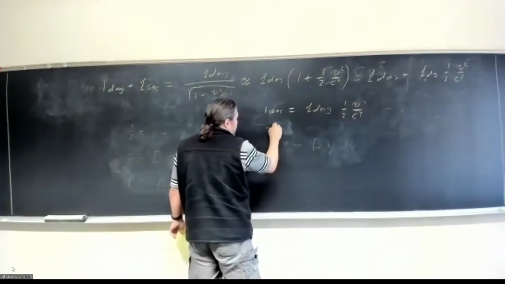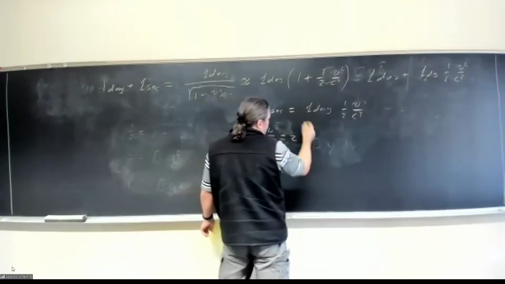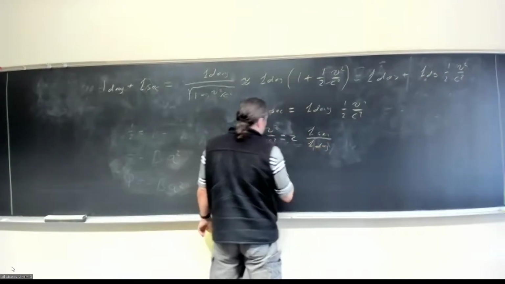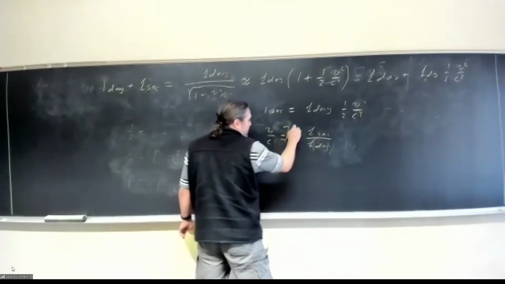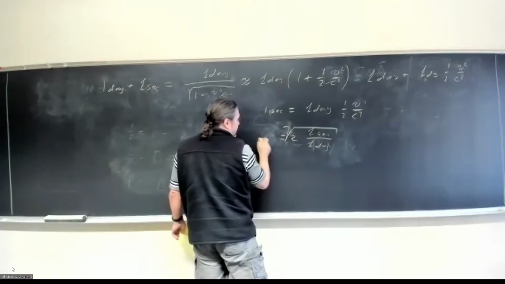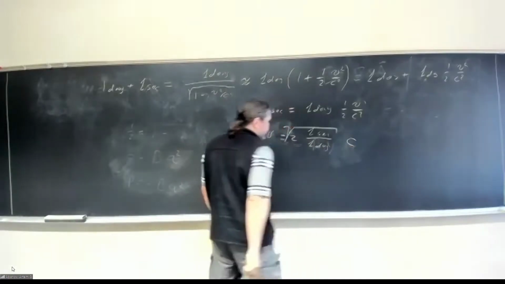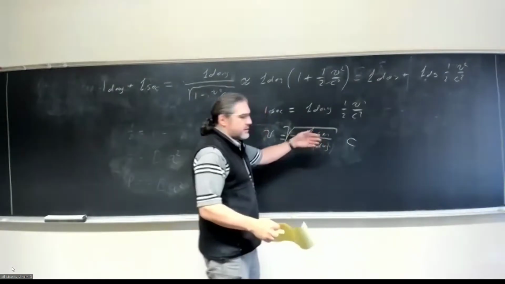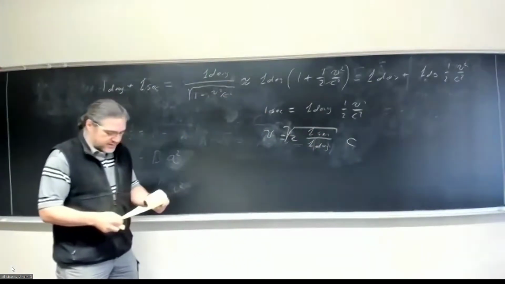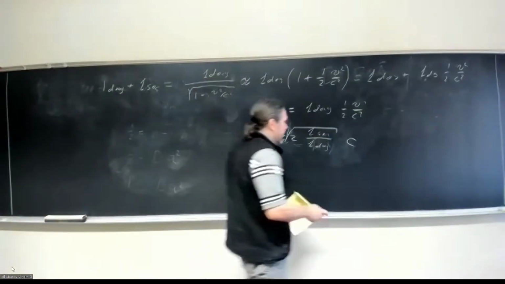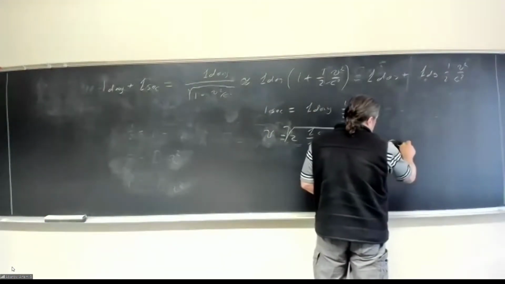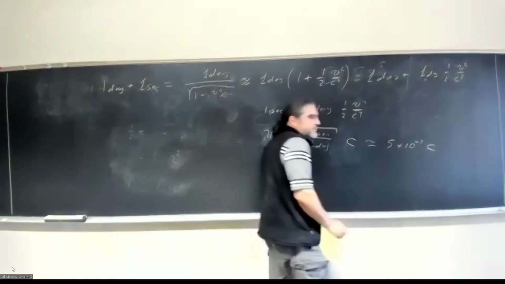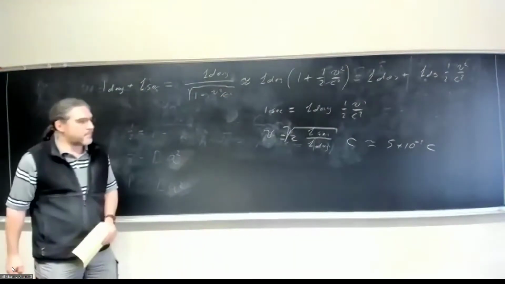So you see that v squared divided by c squared equals 2 times 1 second divided by 1 day. And so the answer is this. Then you just plug in numbers, how many seconds in 1 day, compute the square root, and the answer will be something like 5 times 10 to the minus 2 speed of light. Okay, that makes sense?